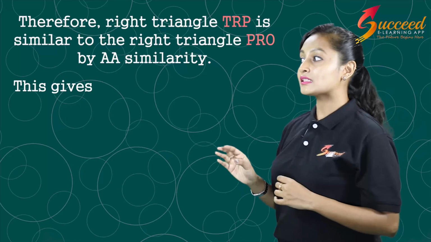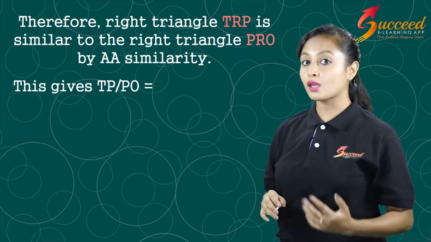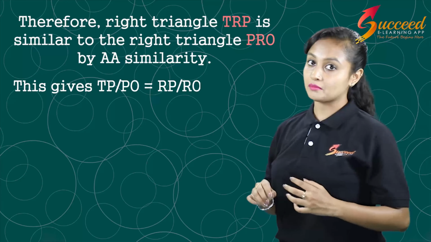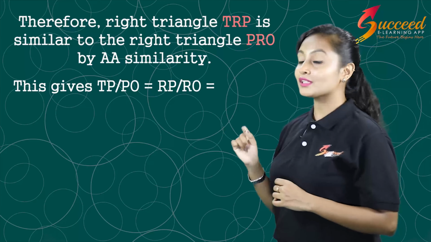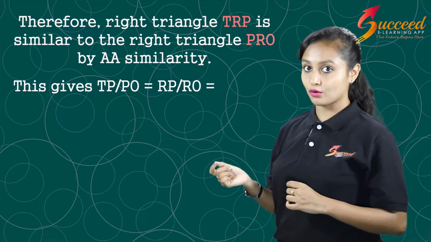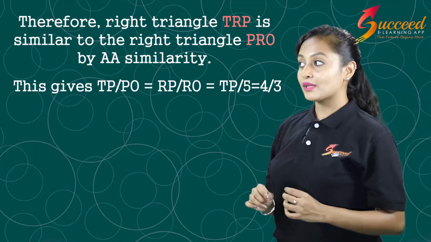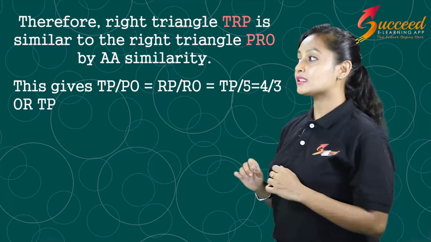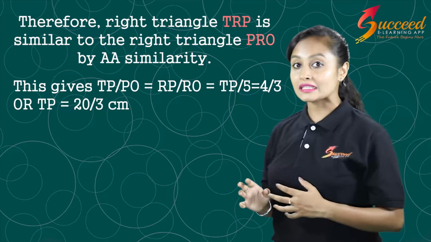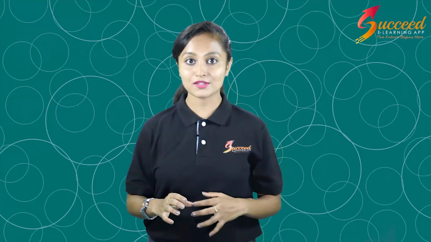This gives us TP by PO is equal to RP divided by RO. Substituting the values of PO and RO, we get TP by 5 is equal to 4 by 3, or TP is equal to 20 divided by 3 centimeters.